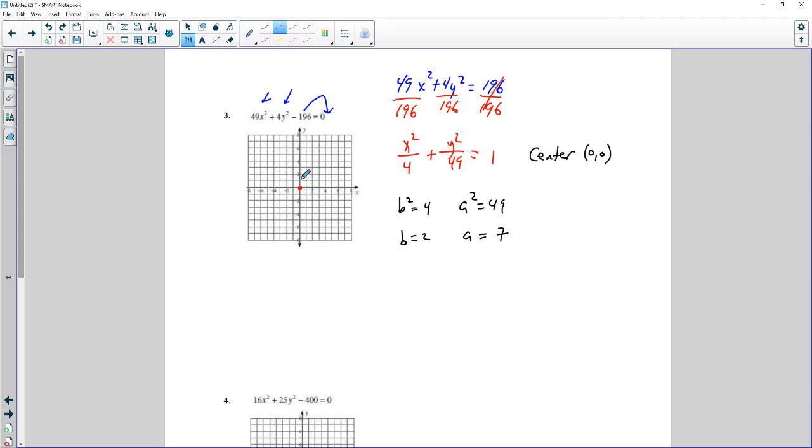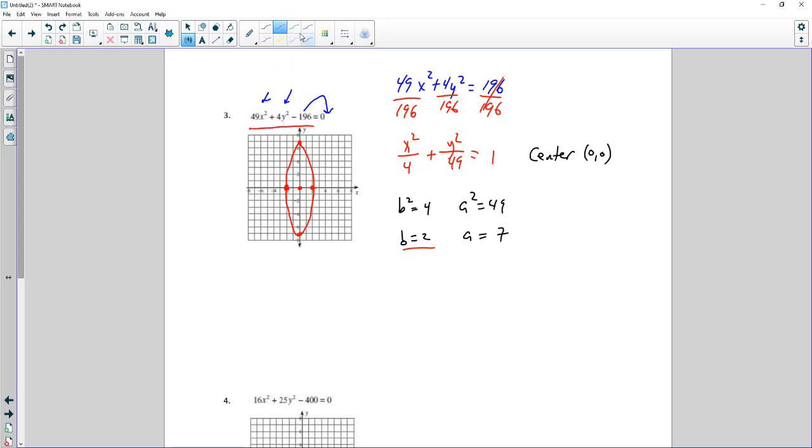We're going to go up 7, and down 7. Minor axis: the length from the center to the co-vertex is 2, so we're going to go 2 to the right, 2 to the left. So this is actually a kind of narrow looking ellipse, like a canoe shape. And that's what this graph actually looks like, all quickly done just from this equation.